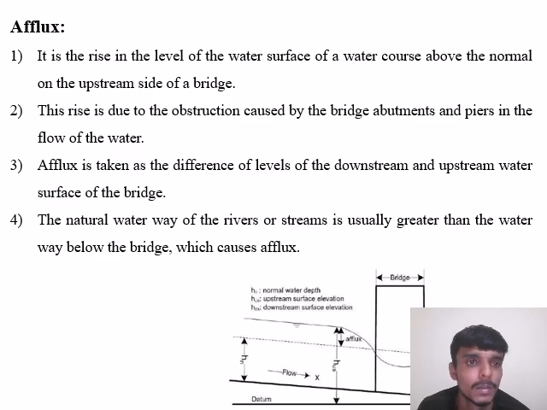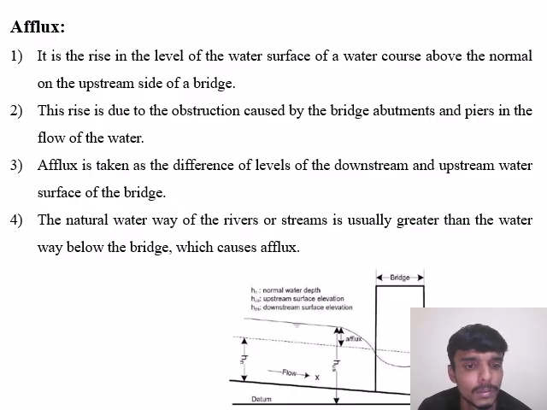Afflux. It is the rise in the level of the water surface of a watercourse above the normal on the upstream side of the bridge. This rise is due to the obstruction caused by the bridge abutments and piers in the water flow. Afflux is taken as the difference of levels of the upstream and downstream water surface of the bridge.